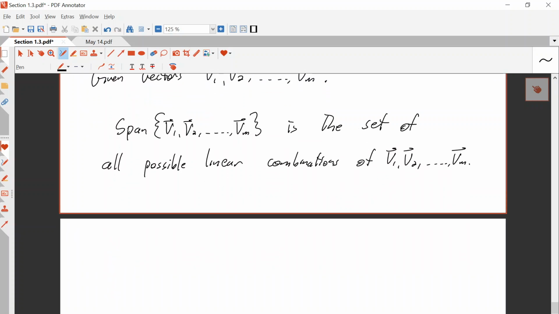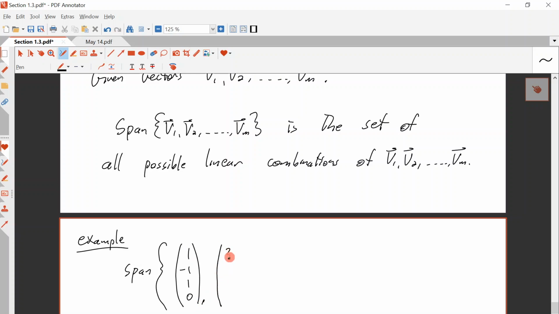So, for example, span of, and let's do some four-dimensional vectors for this example: 1, minus 1, 1, 0; 3, 0, 2, 2; 1, 1, minus 1, 2.